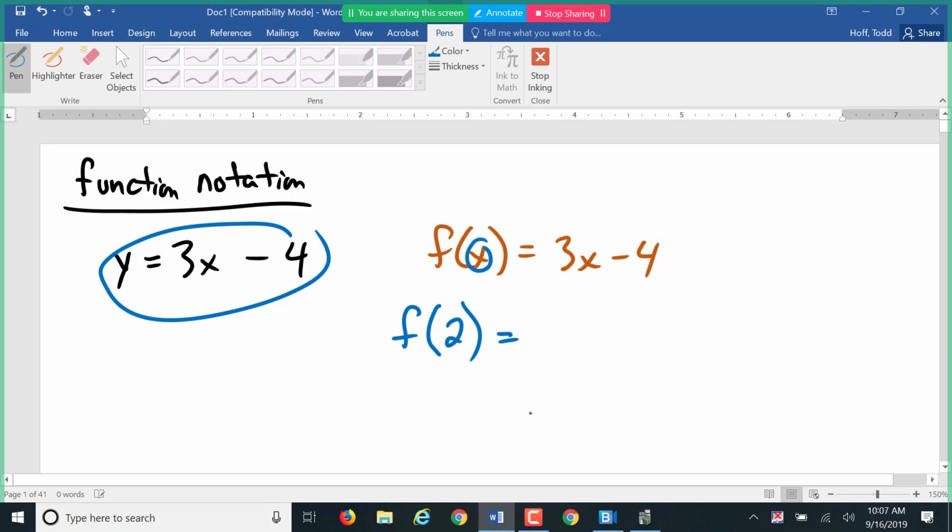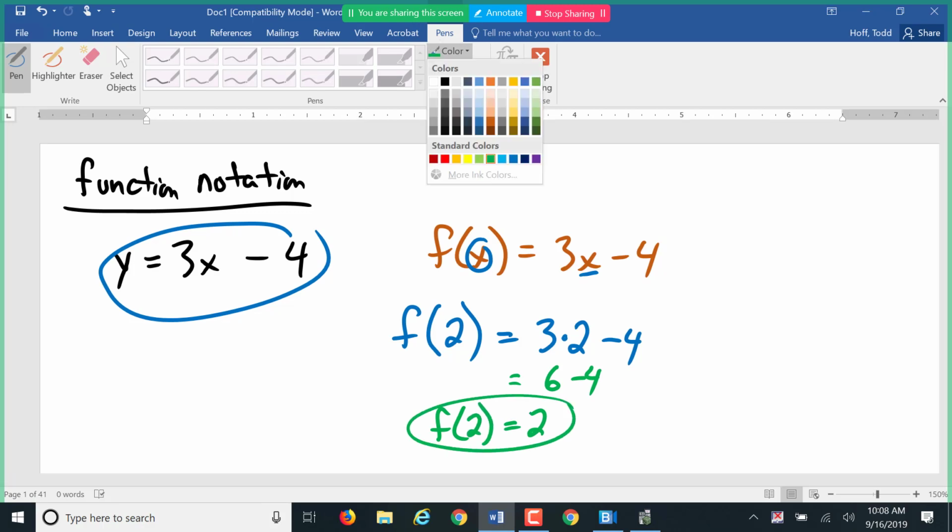That's asking us to do the same thing on the other side. Replace x with a 2. So instead of 3x minus 4, it's 3 times 2 minus 4. 3 times 2 is 6, minus 4 is 2. So f of 2 equals 2. Put in the value of 2 for x, the whole function equals 2.